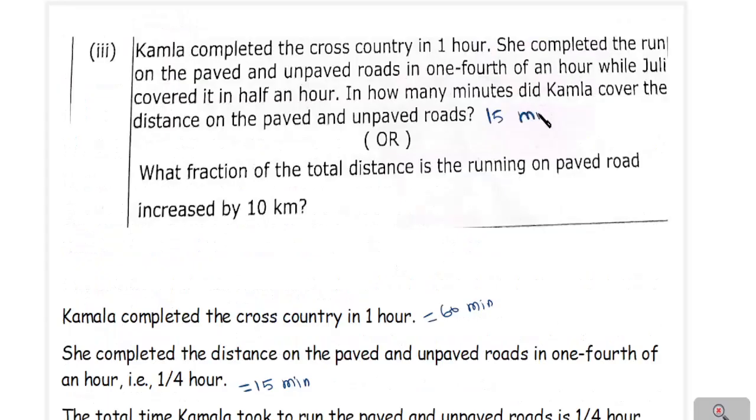15 minutes. And the second question: what fraction of the total distance is the running on paved roads if it is increased by 10 kilometers?